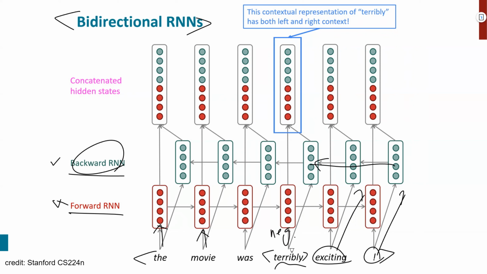However, when we think about the backward context, then we can easily see that it is positive because it's about an exciting moment. Therefore, we sometimes need to think about both forward and backward contexts. That's why we need to use bidirectional RNNs.